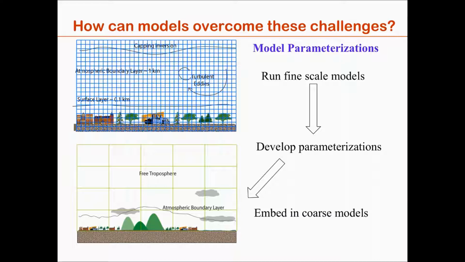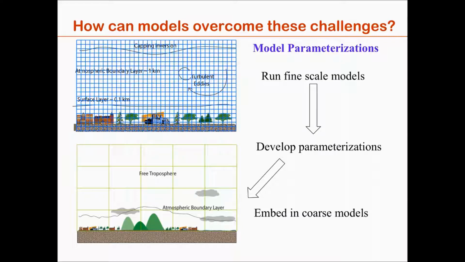Another approach is not to do an online coupling where all the models are talking to each other, but rather to do an offline coupling. One way to do it is you run a fine scale model. You, for example, understand how forests exchange heat and moisture with the atmosphere. And then you develop a parameterization for these small scale processes.